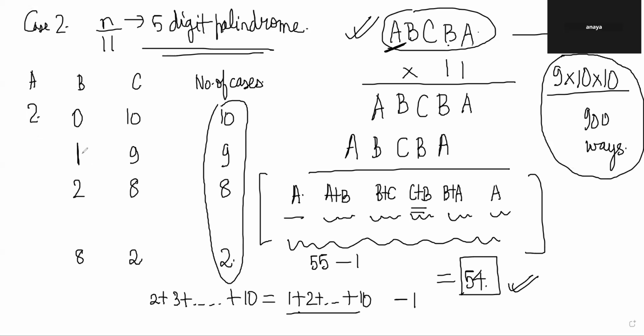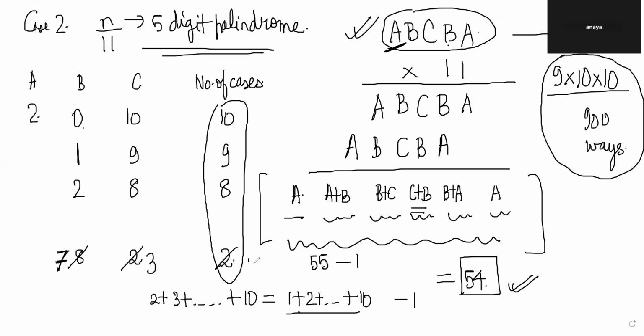And if A is 2 and B is 0, how many cases for C are there? Still 10. And if you keep changing B, B can go up to 7 now, and C can in that case be up to 3.